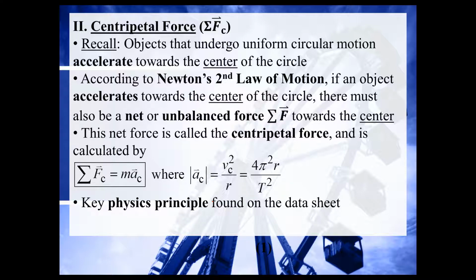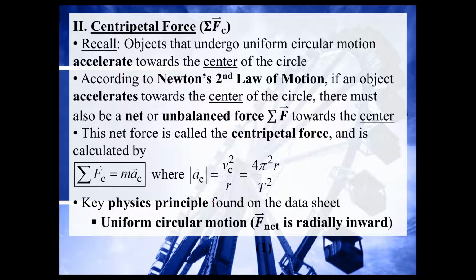This is a key physics principle that is found on the formula sheet. I believe physics principle number 2 is uniform circular motion, and then in brackets it clarifies what direction the net force is. Radially inward just means that the force points towards the center of the circle.